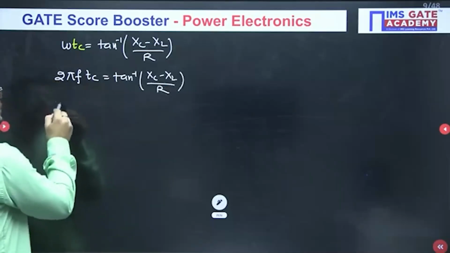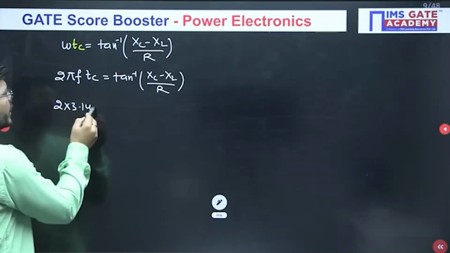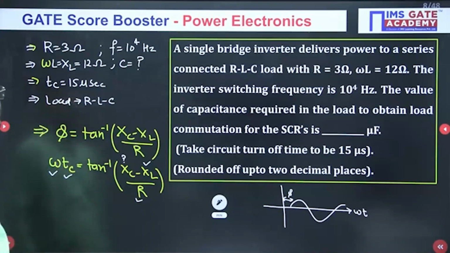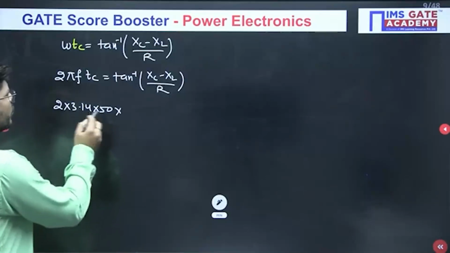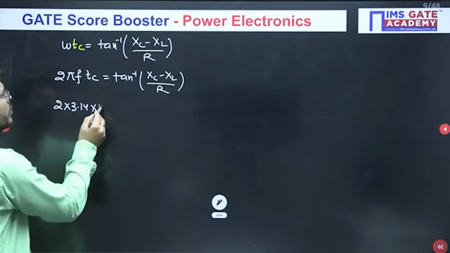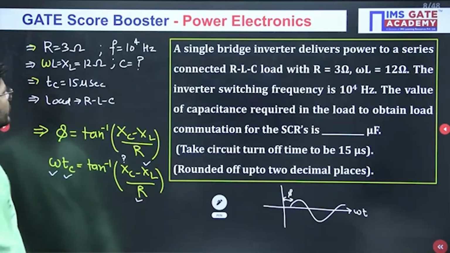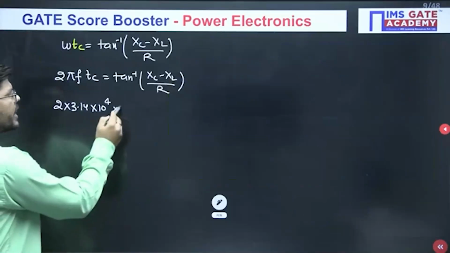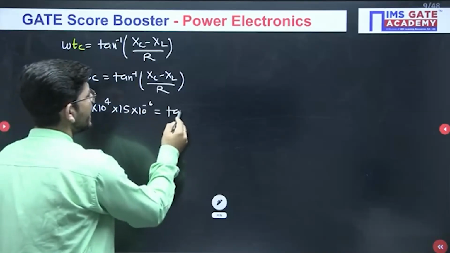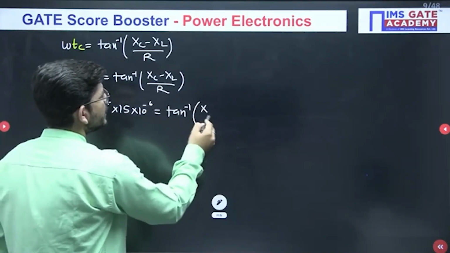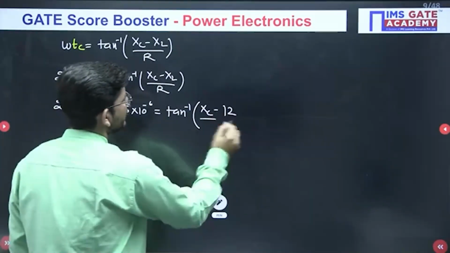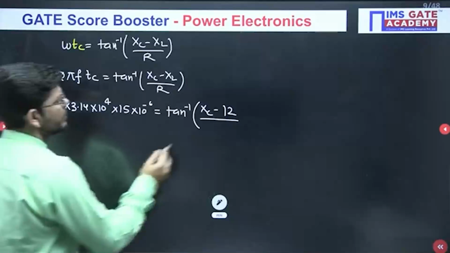Now put in the values. So 2 into 3.14 into frequency, which is 10 to the power 4, and the circuit turn-off time is given as 15 microseconds. Then tan inverse of (XC minus XL), where XL is 12, and the resistance is 3.